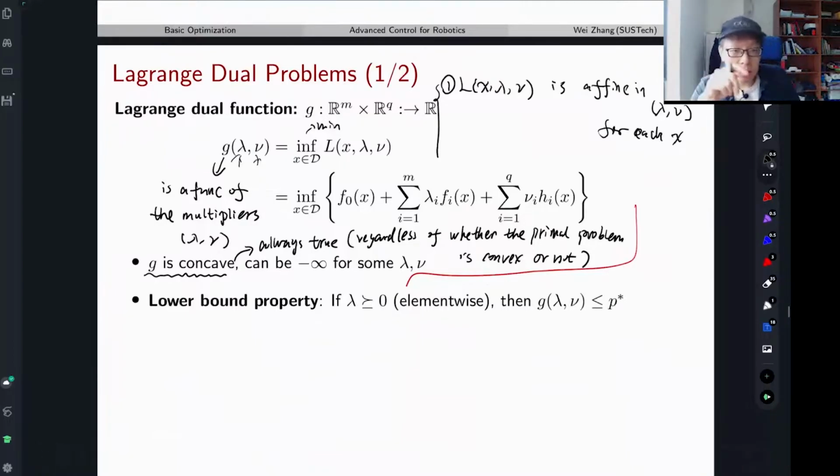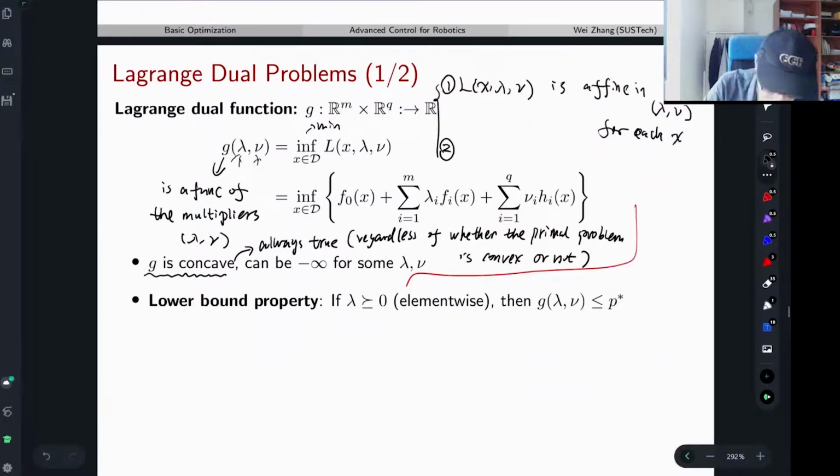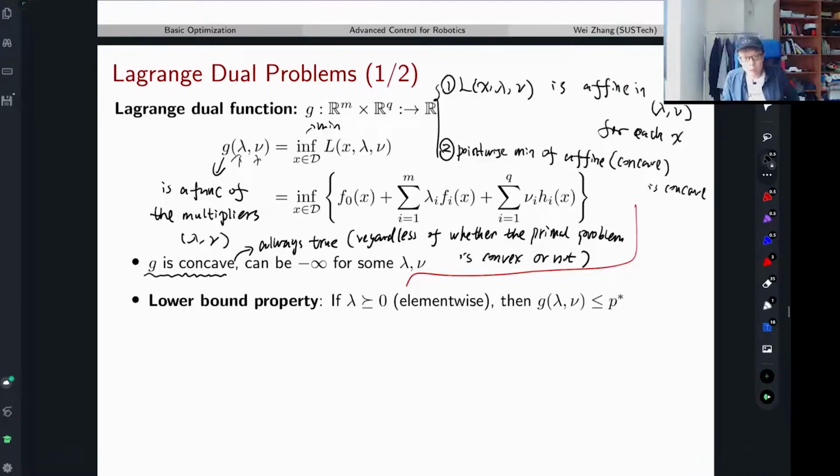If you fix x, this becomes a function of lambda and nu, and this function is affine. I think that's clear from this expression. And second, the pointwise minimum of affine functions. Affine is concave. That's a property we just discussed before, right?